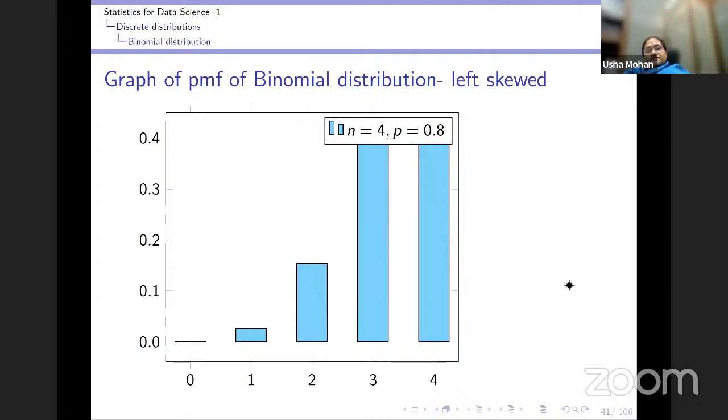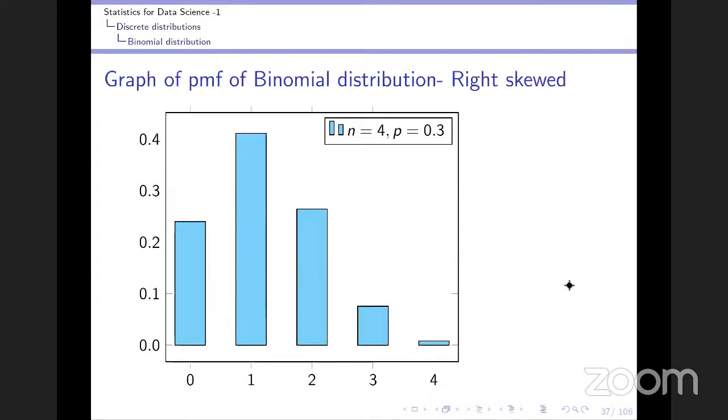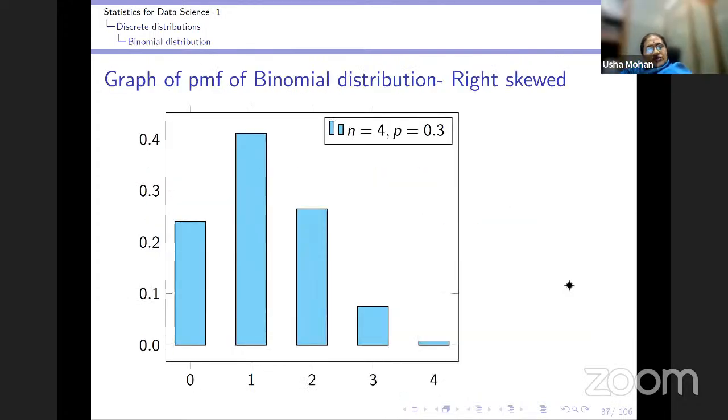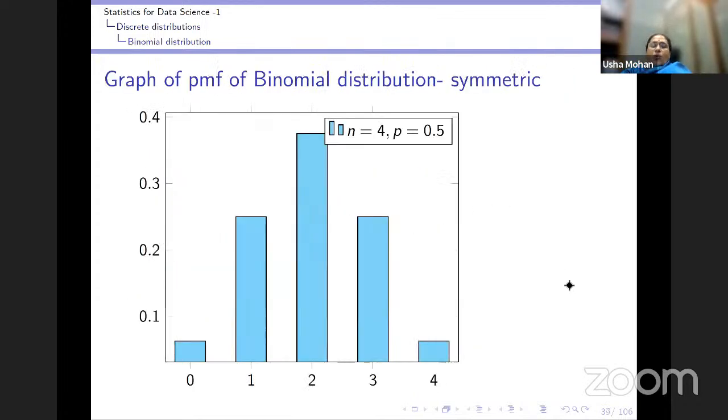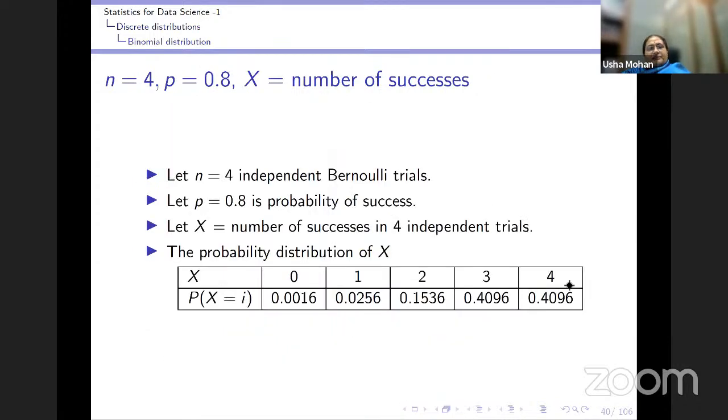Again, you'll get to know about the notion of skewness very quickly. Now, what I want you to see here is when n equals 4 and p equals 0.5, it is symmetric. I just keep increasing this n.